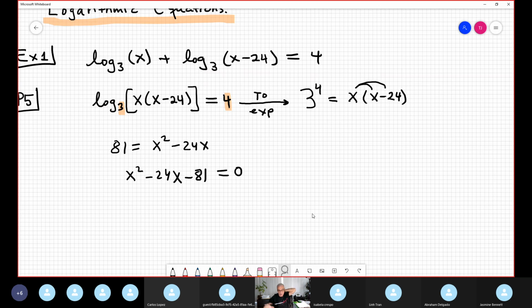No? No problem. Let's do it by the traditional quadratic formula. A is 1, B is negative 24, and C is negative 81.